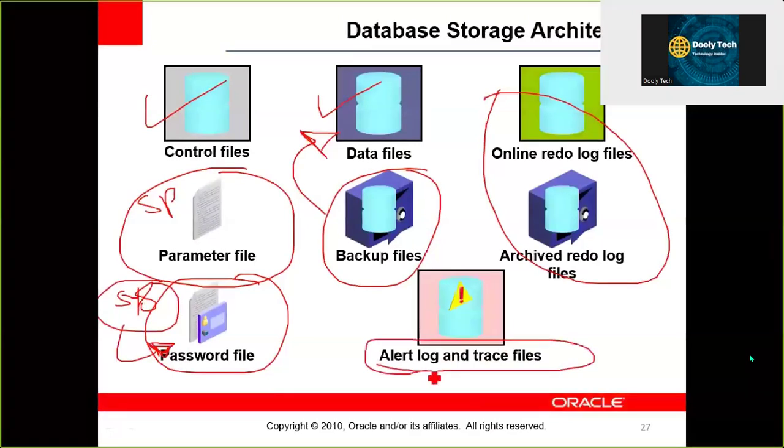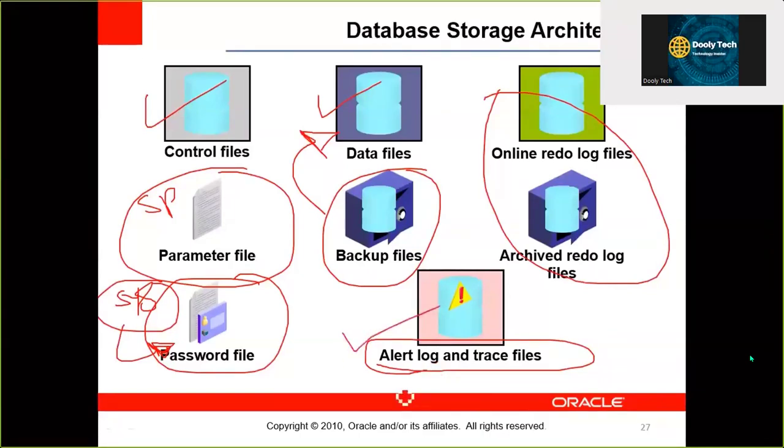The alert log records not only major activity but also errors, like an instance crash. If there is a block error, say the block got corrupted and I am running a query, it throws an error because it's reading a corrupted block. That information has to be logged in the alert file. So it's a very important file for the database administrator.